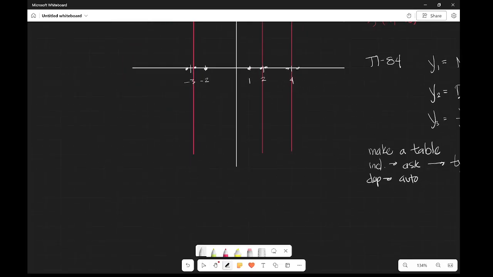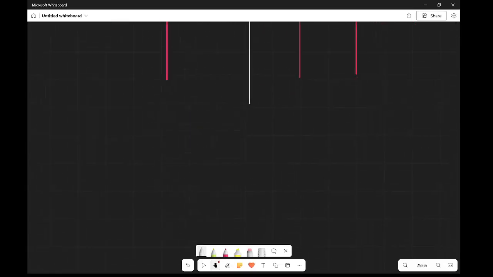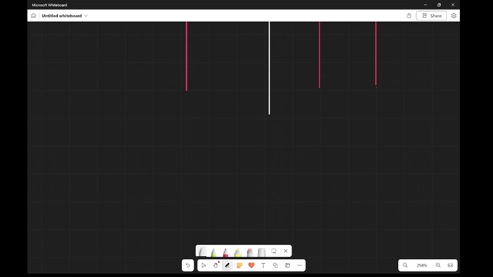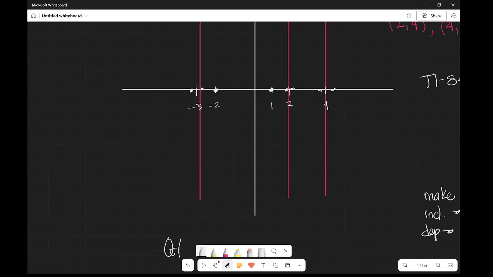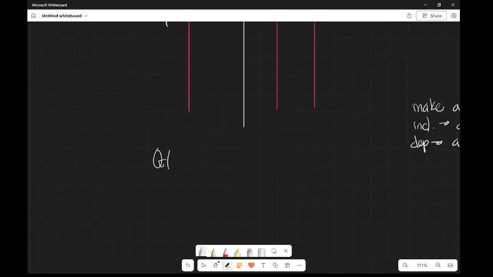What better way to do that than to just generate a list of numbers? And so I will write out by hand one example. I just want to see what the function is doing at x equals -4. So that's going to be to the left of our asymptote here. Let's just see what it's doing.